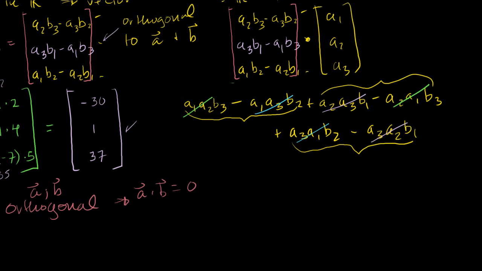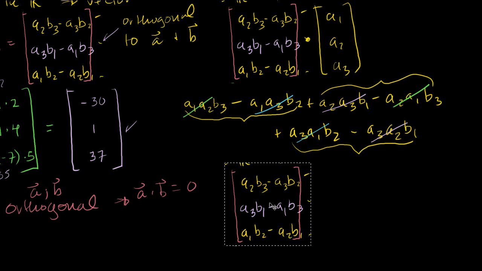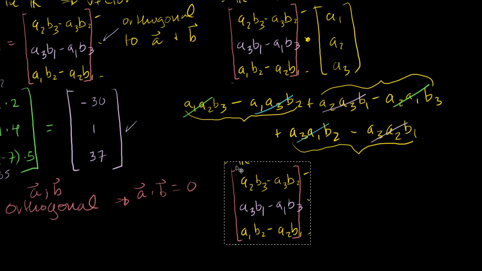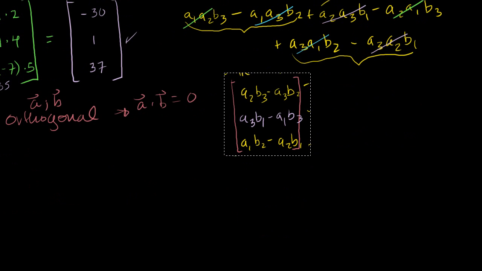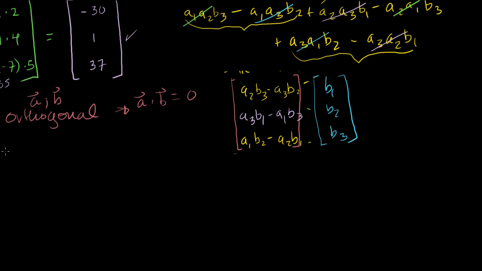Let me get another version of the cross product of the two vectors. I'll probably scroll down a little bit. And let me go back. And let me multiply that times the vector B: B1, B2, and B3. I'll do it here, just to have some space.